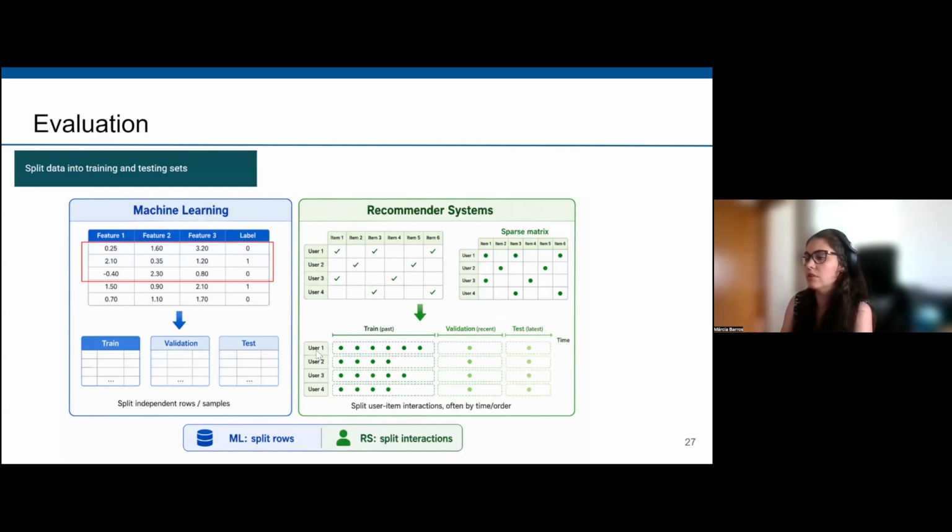So usually this is a split between interactions. Okay, it can be done by time, or it can be done simply by a threshold, 80% for training and 20% for tests, but always related to the number of interactions that this user has with the items.